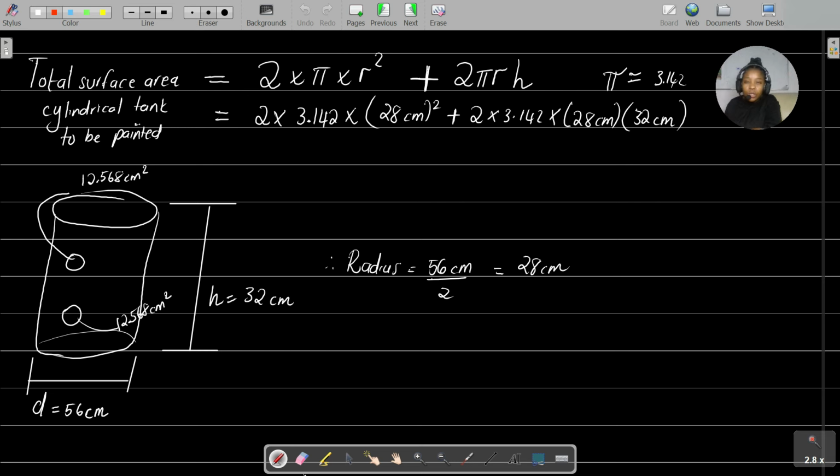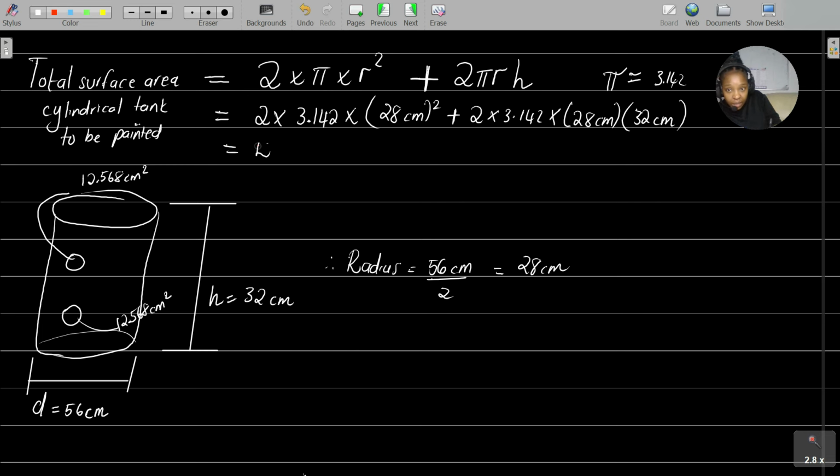If you punch this into your calculator, 2 multiplied by 3.142 multiplied by 28 all squared, you'll find that this is equal to, and I'm not going to round off. But please take note: in your exam, you need to follow the instructions you are given.